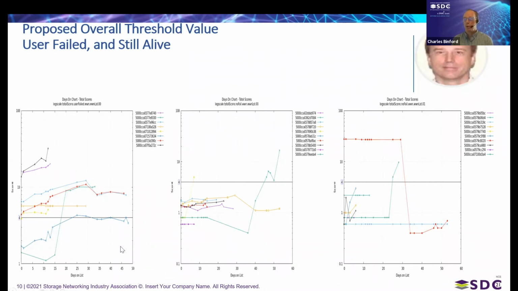What's not shown on here is the drives that were actually pulled, but in general, there's a horizontal black line across there, and the drives above the line ended up failing, either manually or naturally, because the system failed to write or crossed a threshold in the controller itself. We used these charts to determine what that final score threshold should be, based on our analysis of which drives failed. As we analyzed it, this drive is getting lots of errors, we need to get it out of the system. What's its score look like? How long has it been on the chart? And then we would pull it.